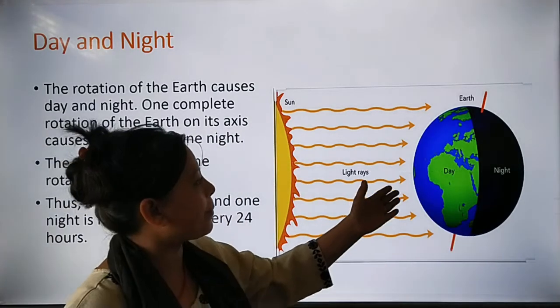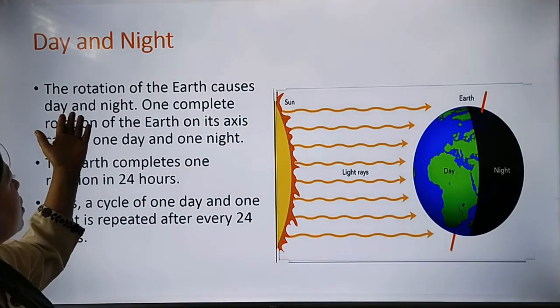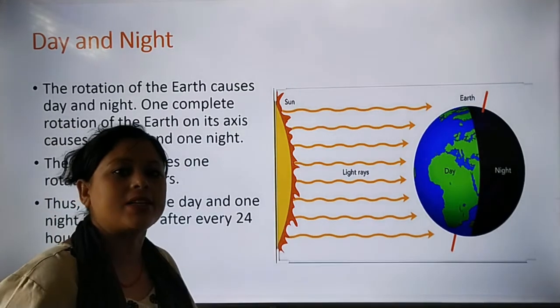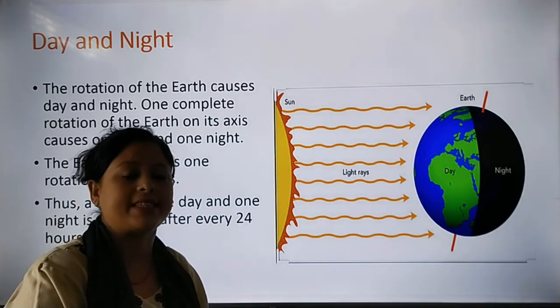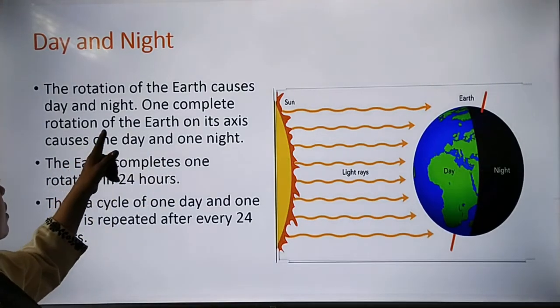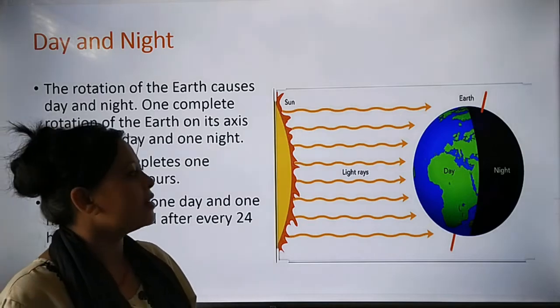Now how does it happen? How do day and night happen? Because the rotation of the earth causes day and night. One complete rotation of the earth on its axis causes one day and one night.